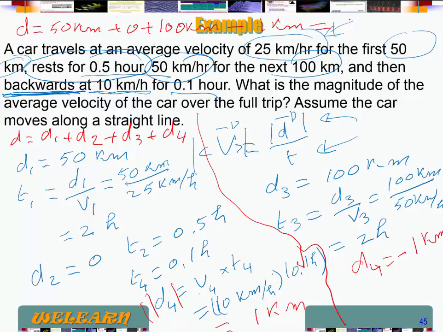So it is 149 kilometers. That's my overall displacement.